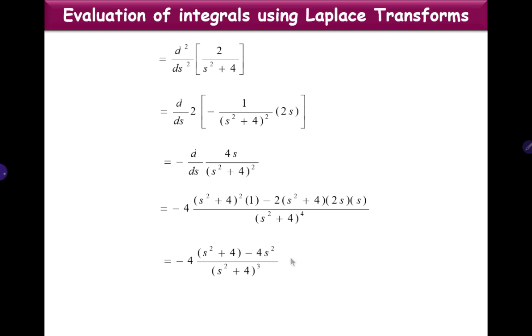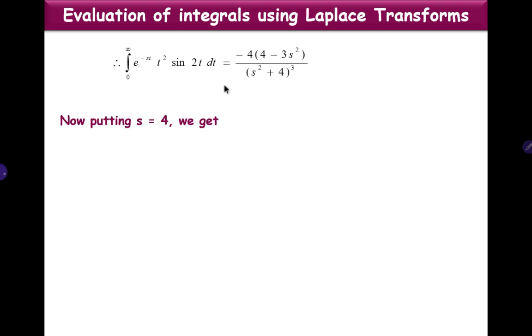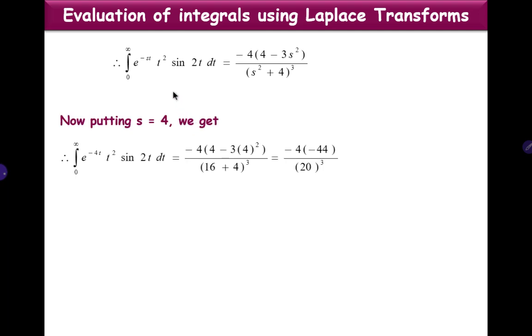This gives 4 minus s square minus 4s square, that is 4 minus 3s square, by s square plus 4 whole cube. Therefore, the integral is equal to minus 4 times 4 minus 3s square by s square plus 4 whole cube. Now put s equal to 4 to obtain the value of the required integral.